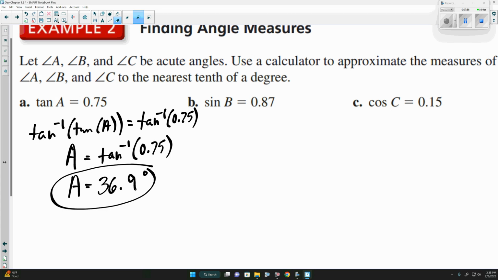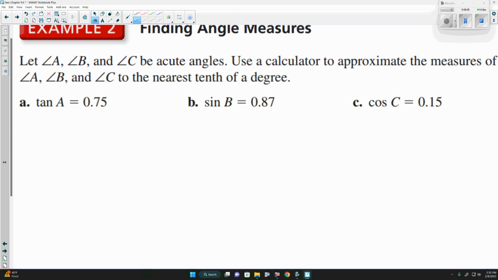Let's look at the next one. Sine of B is equal to 0.87. What we can do is apply sine inverse to both sides.